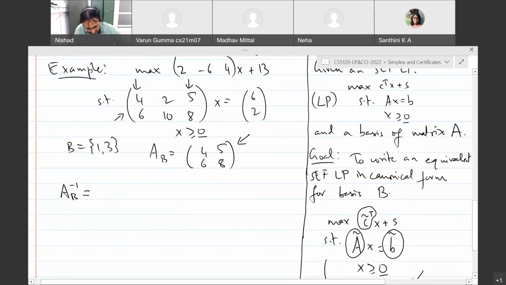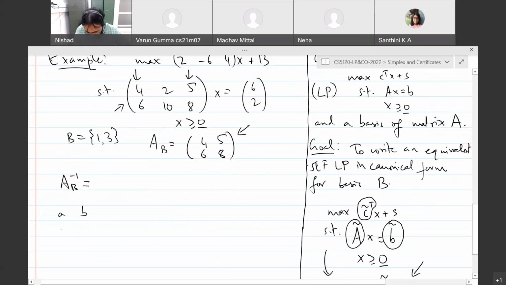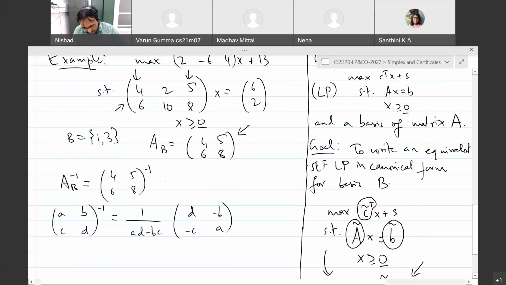So just to remind you, for 2 by 2 it's very simple. I never remember these formulas, so I don't expect you to remember them either. You swap these two and you negate these two. If you do that here, you would get exactly the following: 4, minus 3, minus 5 over 2, and 2.